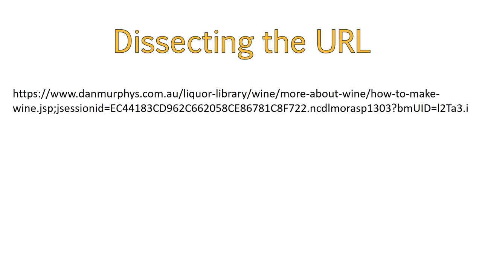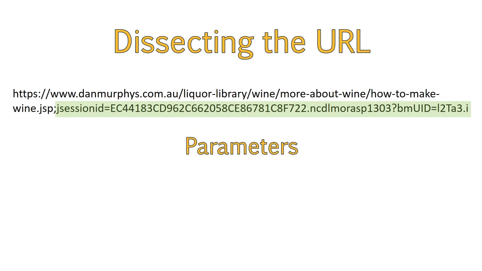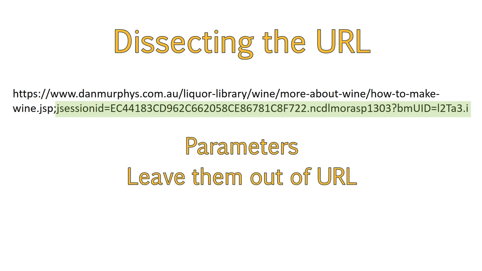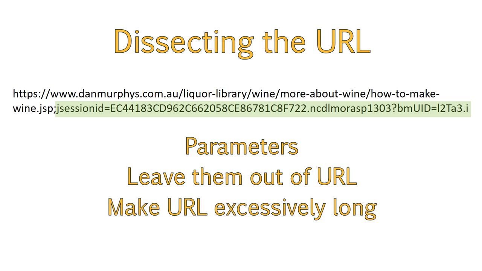While we are looking at this URL, I would also like to point out the long combination of letters and numbers at the end, which I have highlighted. These are called parameters, and where possible, it's best to leave these out of your URLs. Parameters not only make your URLs excessively long, but oftentimes the parameter can change based on a variety of factors.